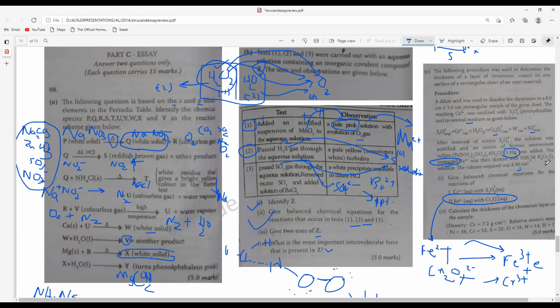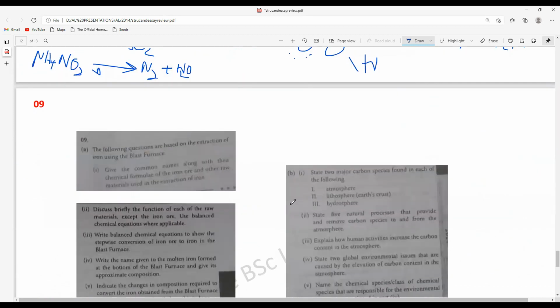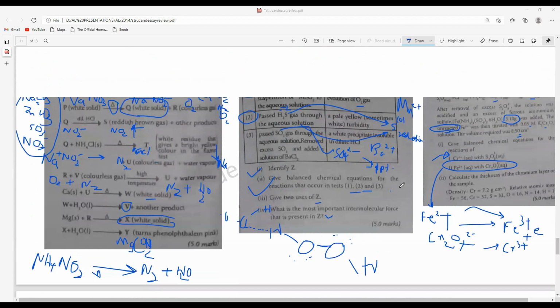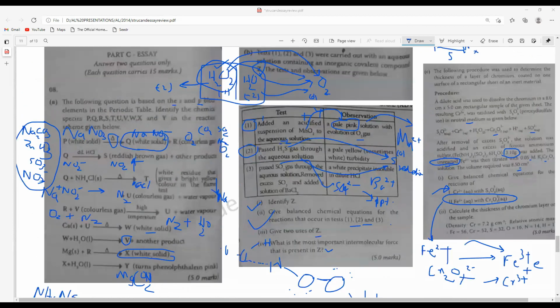If you know the amount that is reacted, you can automatically find the chromium 3 plus concentration using the balanced chemical equation that you write here, chromium with S2O8 2 minus. So I will explain that. Wait, give me a minute.